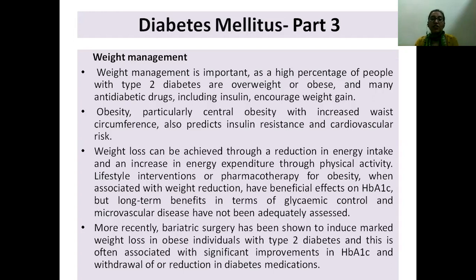Weight loss can be achieved through a reduction in energy intake and an increase in energy expenditure through physical activity, lifestyle interventions, or pharmacotherapy for obesity, which are associated with weight reduction and have a beneficial effect on HbA1c. But long-term benefits in terms of glycemic control and macrovascular disease have not been adequately assessed.